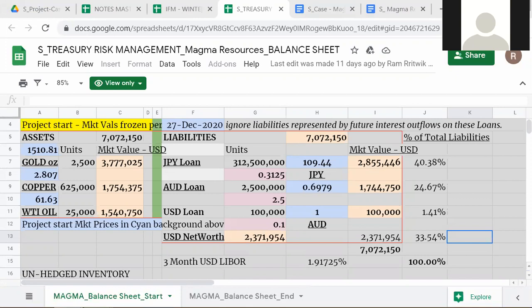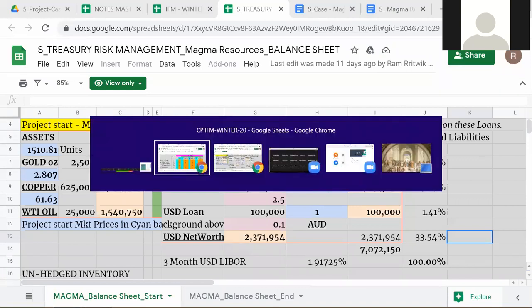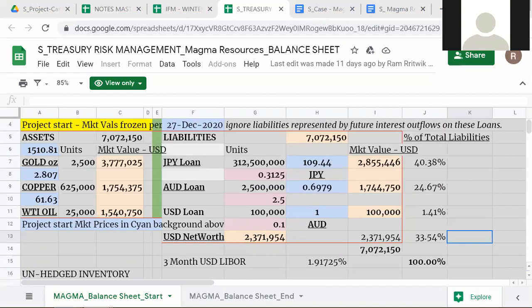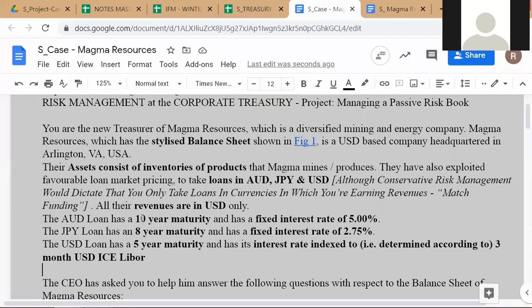Okay, double A. But I only think that the change in the price of gold, copper, WTI will affect the value of assets, so those are the key risk factors. Sorry, double A, what do you say? The price change that will cause the change in the value of assets of gold, copper, and WTI. Okay, because the question is very specific, the key risk factors are only these: gold, copper, WTI.